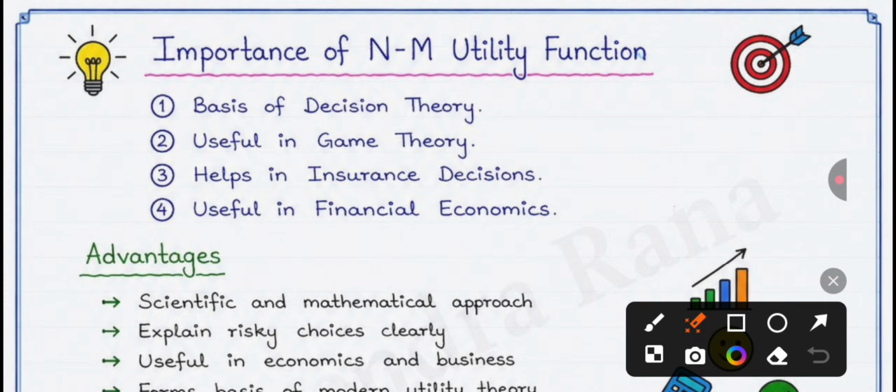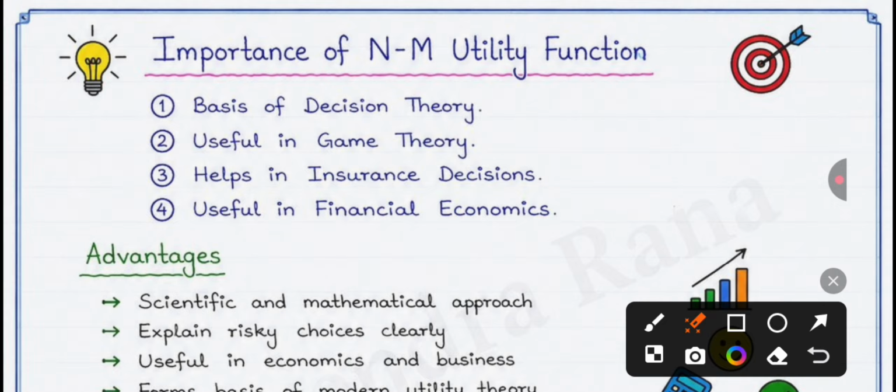And another one is that it helps in insurance decisions. This theory helps explain why people buy insurance. Even though paying an insurance premium reduces income, people prefer the security and peace of mind it provides.